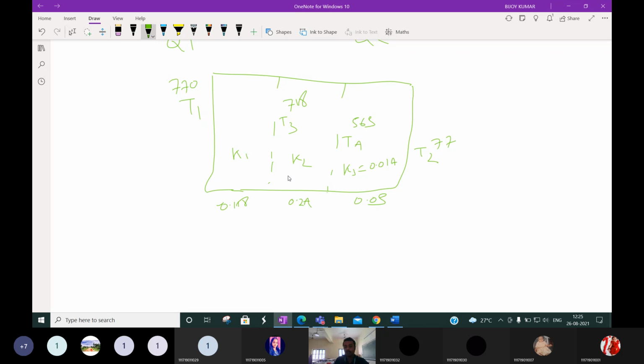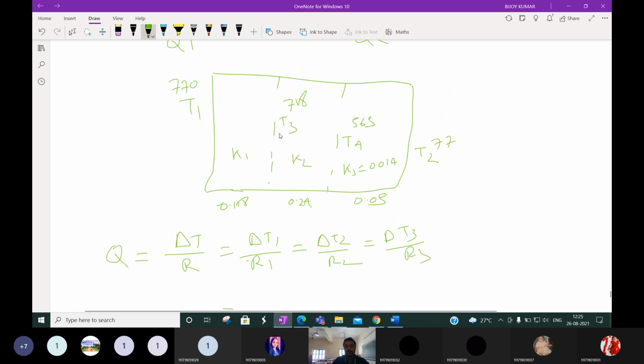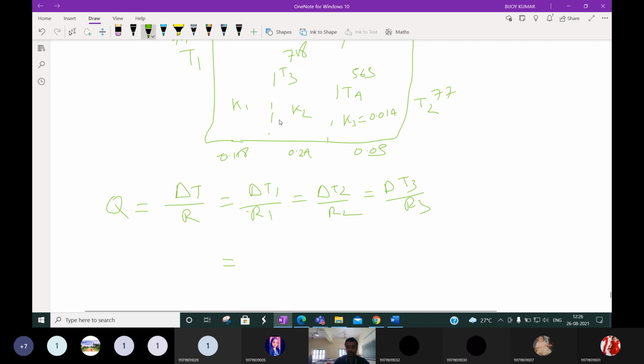For that, the approach we will use is: we know that Q is delta T by R, equal to delta T1 by R1, equal to delta T2 by R2, equal to delta T3 by R3. Then we can write delta T1 as 770 minus 718 by R1.